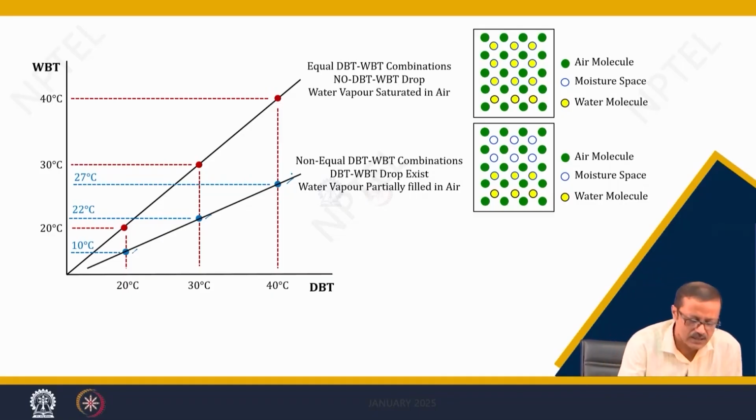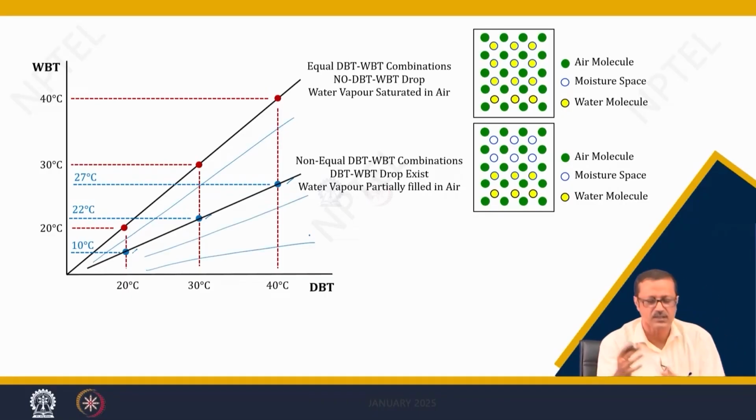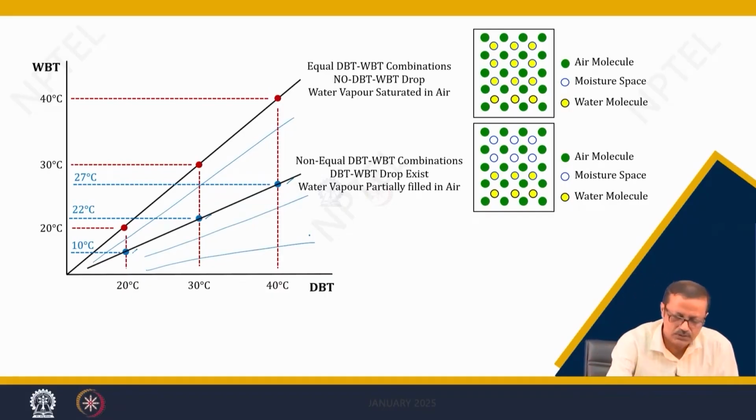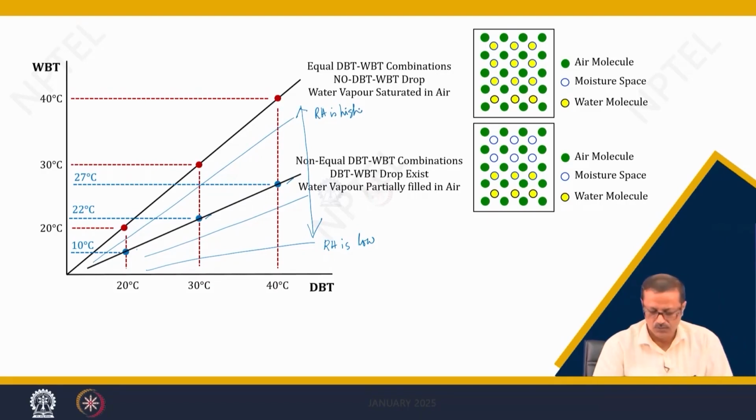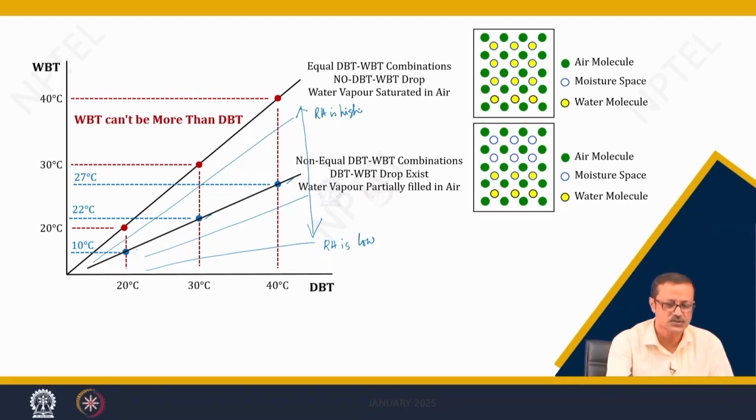Any such lines can be drawn from here, and from that we can find out the relative humidities and all those kinds of things. As you go away from this 45 degree line, your RH is low, and if you go closer, RH is high. But one thing we can say is that WBT cannot be more than dBT, so there cannot be any line on the upper side of the 45 degree line.